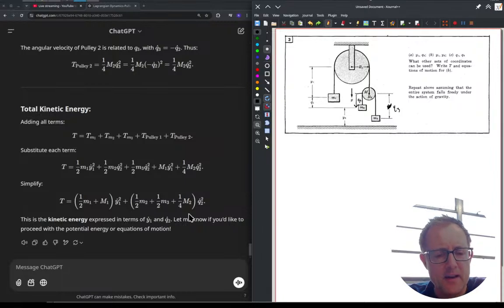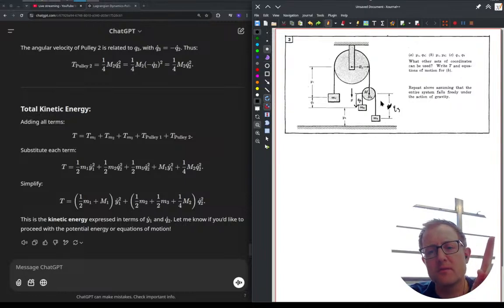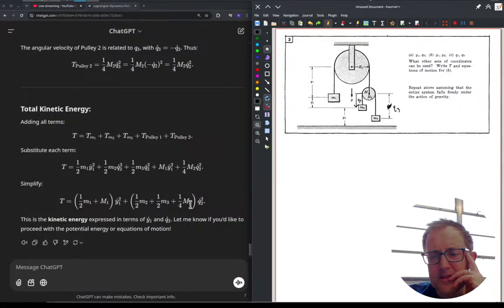Yeah, because it's a negative Q2 dot squared, because if this goes down at Q2 dot, this one's moving up at Q2 dot, and they're both Q2 dot squared. And then this 1/4 capital M2, I feel like that one should also have a Y1. All 3 of these should have a Y1 dot, because if Y1 is moving up or down, then all 3 of these are moving up and down.